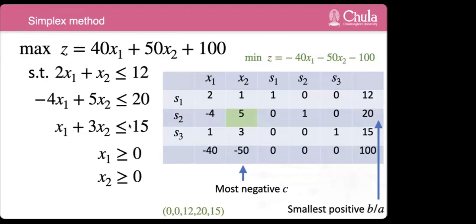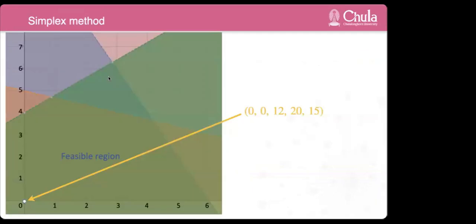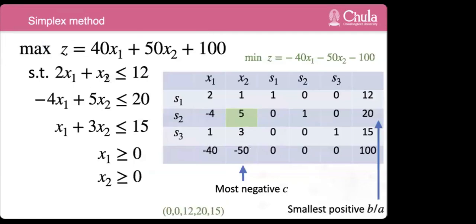Oh, I skipped this. All right. From the first one, we have this canonical form, right? The first inequality constraint is 2x1 plus x2. We add s1, equal 12.